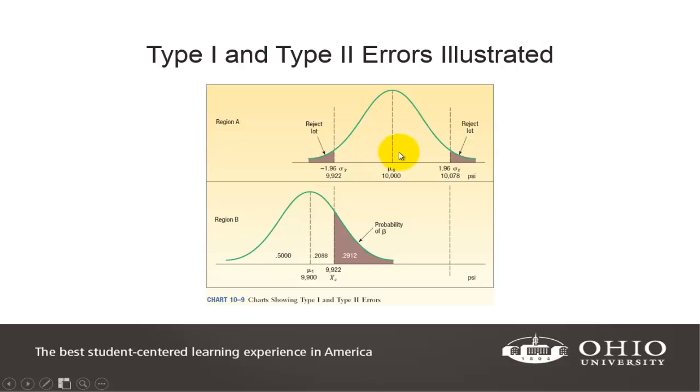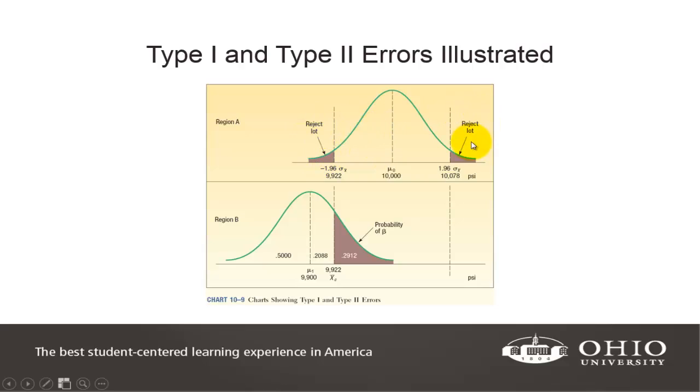If we change that level of significance, these values would change. So effectively, only 2.5% of the samples would have a sample mean greater than 10,078 if the real mean is 10,000, and only 2.5% of all the possible samples would have a sample mean less than 9,922 if the real mean is 10,000.